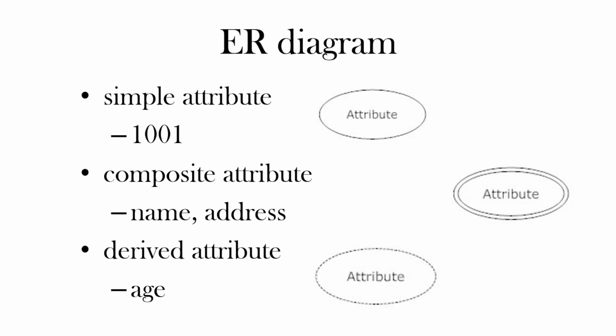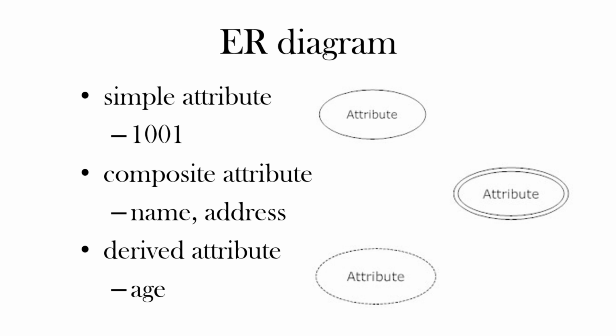So for example, we can have attributes, so a simple attribute such as 1001, composite, so it has an attribute but made of different parts. So a name could be first name and surname, and address we would have separate attributes for perhaps line 1, line 2, postcode, maybe area and country.